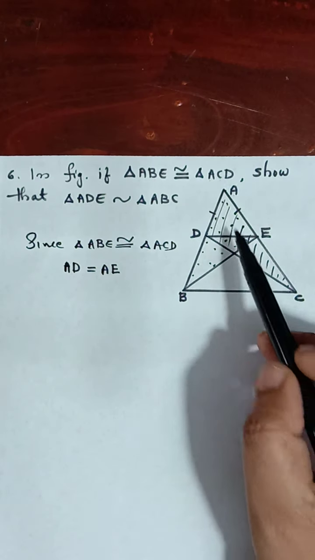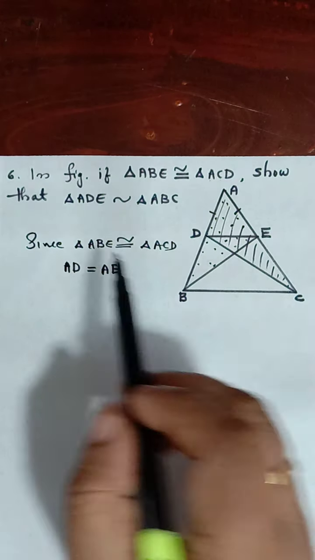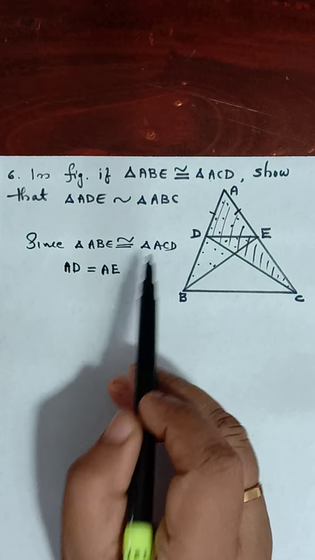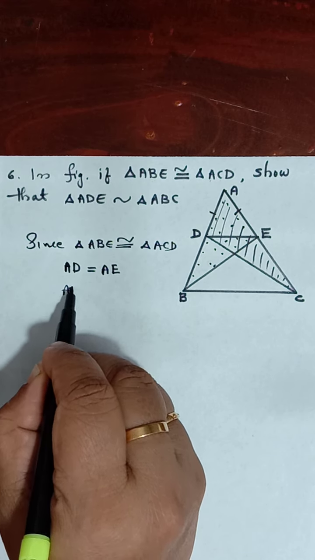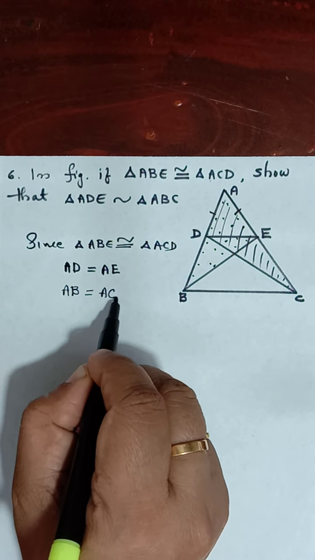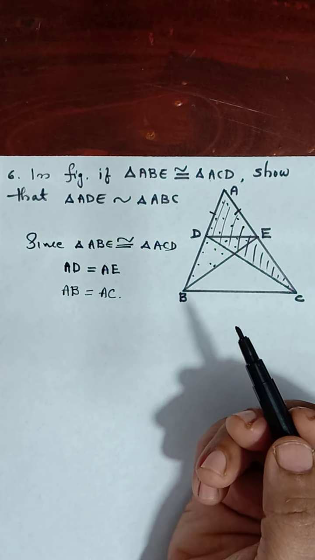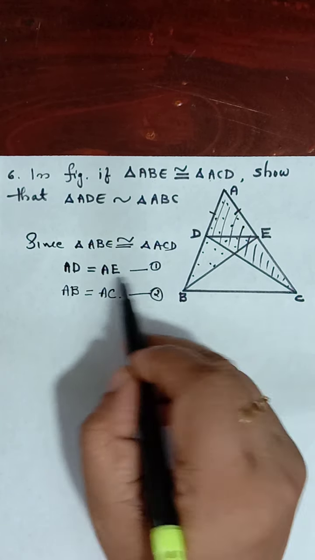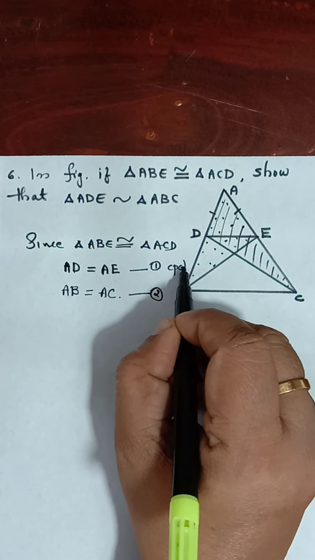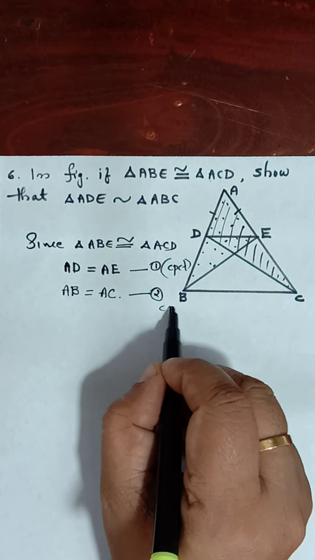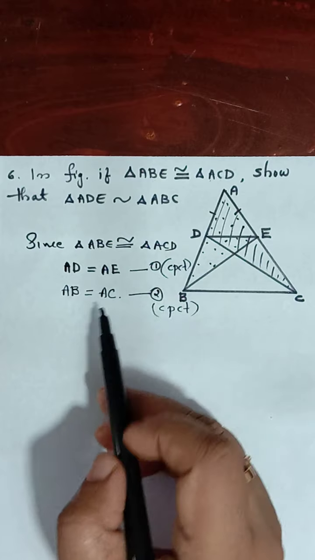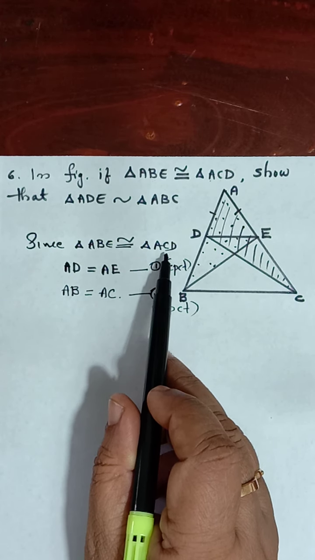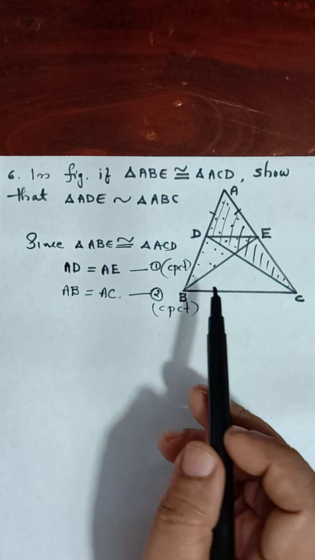Also, don't you have AB equal to AC? AB equal to AC is also there. So these 2 points we have. Let us mark them as 1, 2. This is by CPCT, corresponding parts of congruent triangles, since the 2 triangles are congruent.